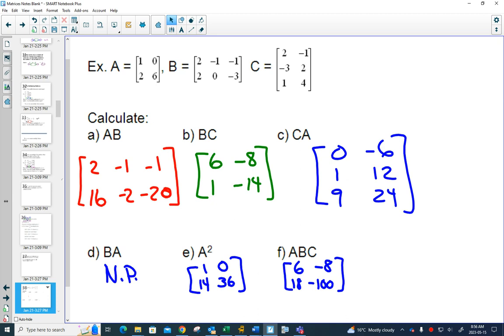And there's one that was hard to click, was not possible. So, is the math hard? No. Is it easy to make a mistake? Yes.